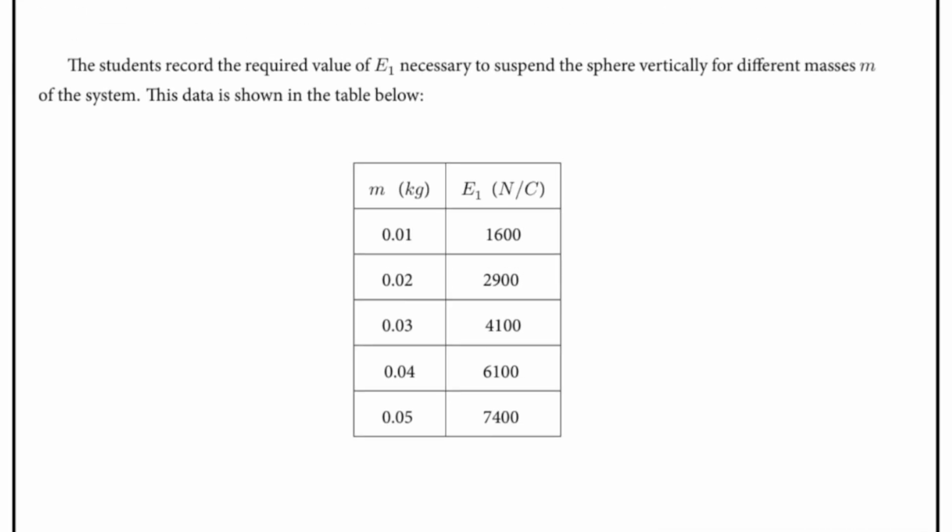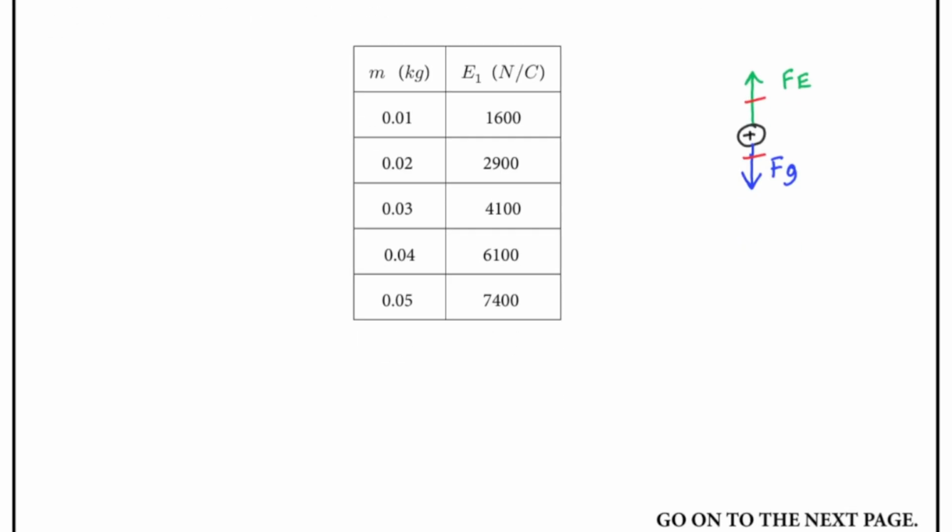So in our case, we have a charge that's suspended in an E field. We know there's going to be an mg, or a gravitational force down, and then an electric force that acts up. If it's suspended at rest, these two things are equal. So for our equation, before we start linearizing, we needed a relationship.